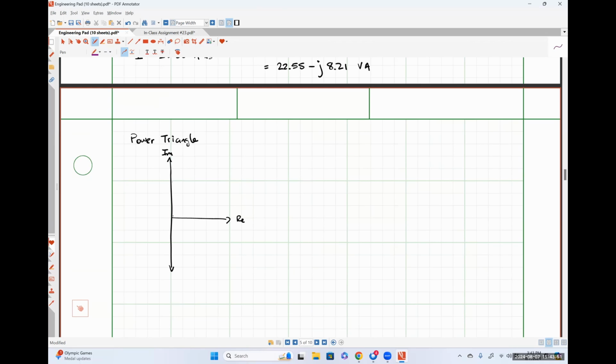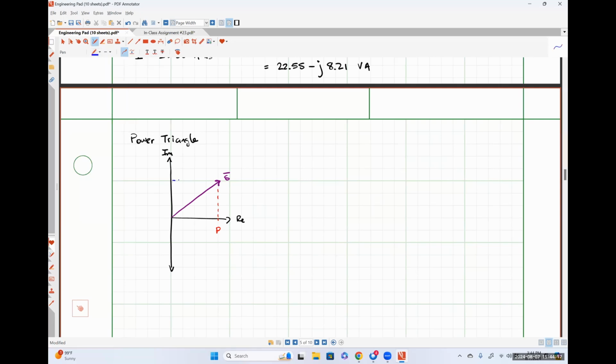If my load is absorbing some amount of complex power S, like so, the projection of S onto the real axis is the average power.